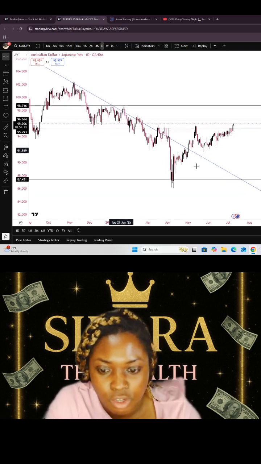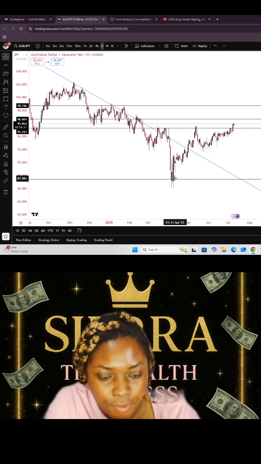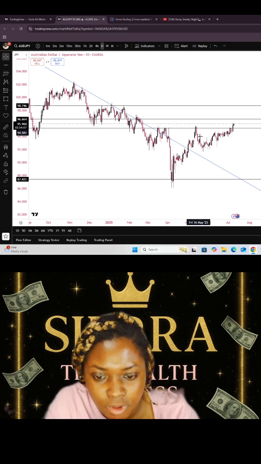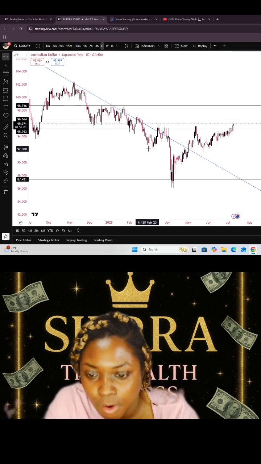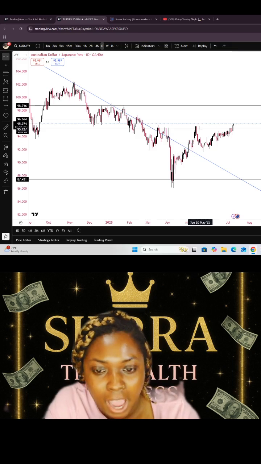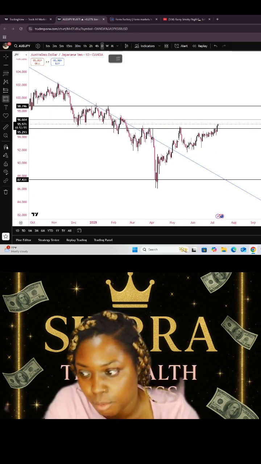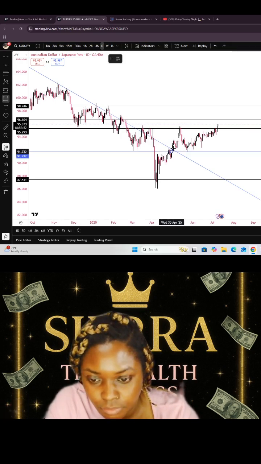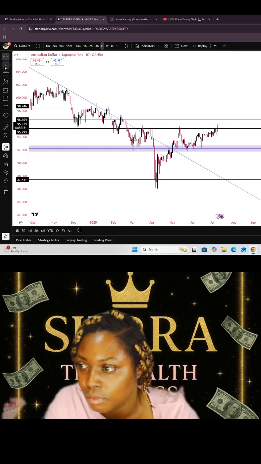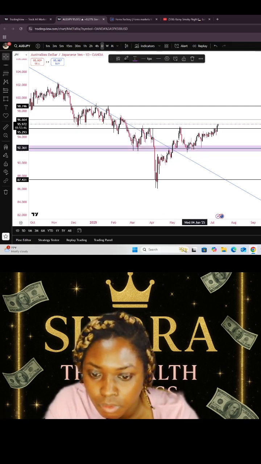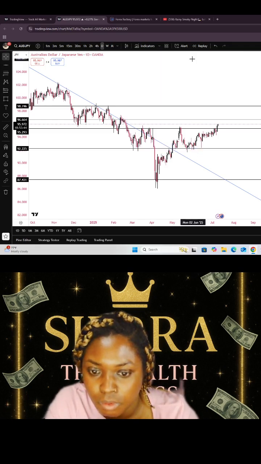Okay. So we know at first price came from this area, gave us our impulsive move, gave us a little correction. We got all this little rejection here in this area. I look over to the left. I got rejection over in this area. I can kind of tone down this zone because I see this fair value gap right here. All right.